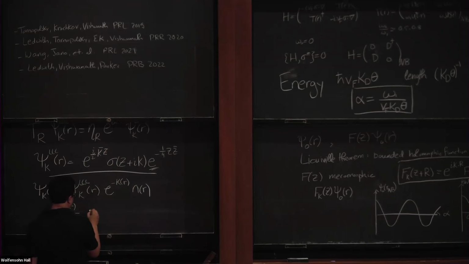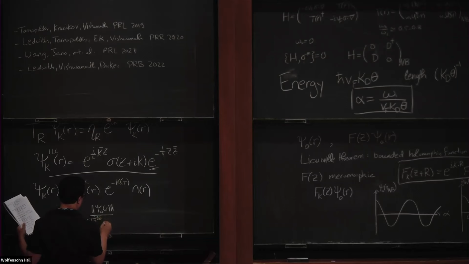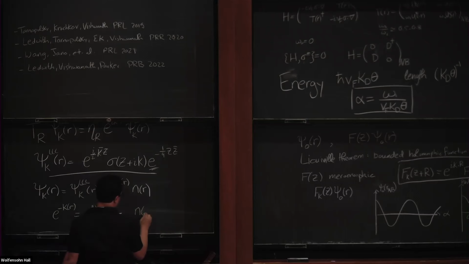So it's the norm of this vector psi of r divided by e power minus 1 over 4 zz bar times the norm of sigma z. And this is a vector that just contains the spinor part but has norm 1.